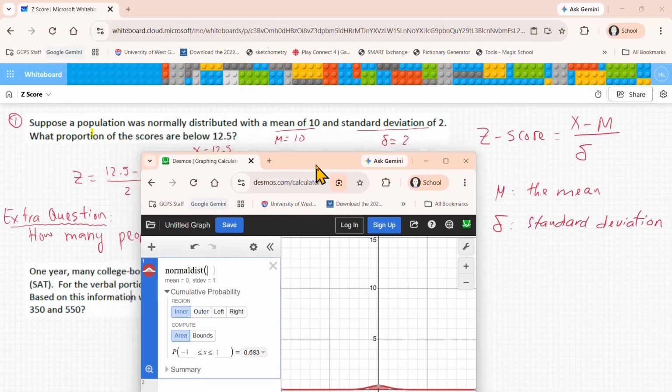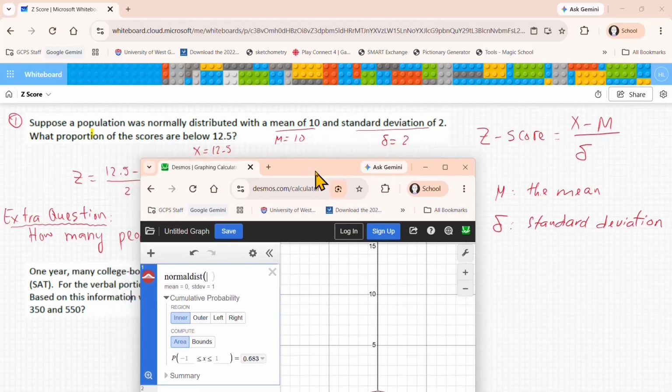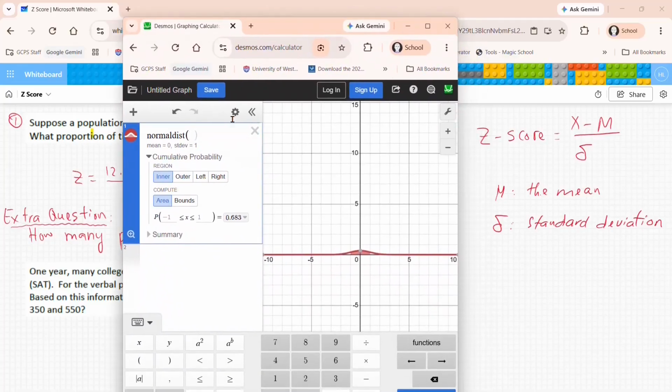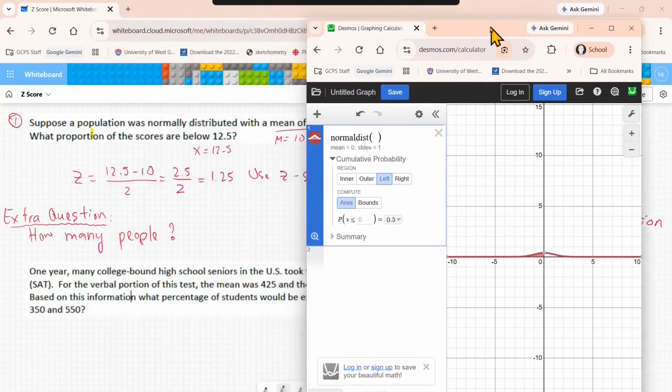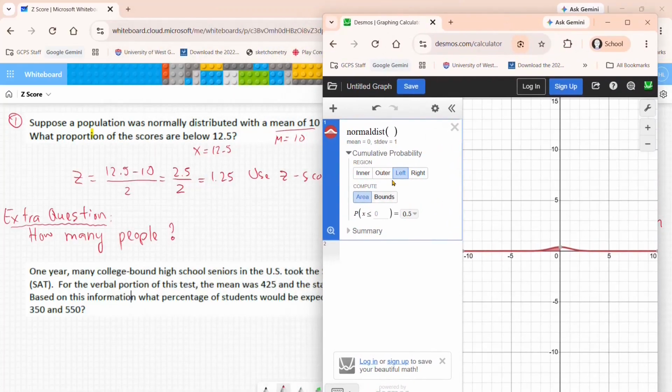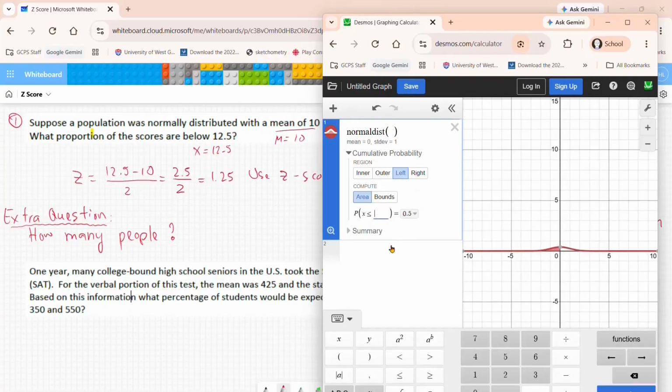Okay, the mean m is equal to 10, the standard deviation is 2, and the x is 12.5. So I'm going to use that information now. Below is to the left. So I'm going to click the left, and then I'm going to put the x, 12.5.